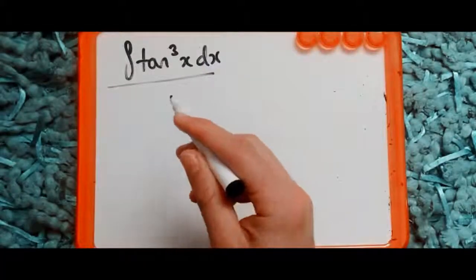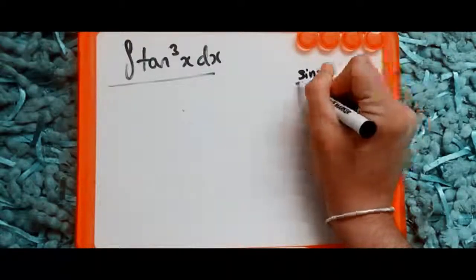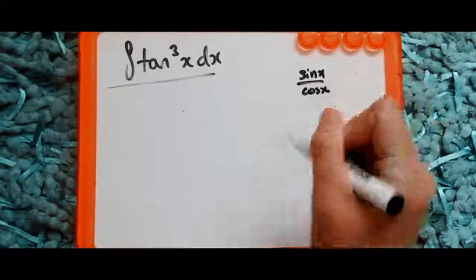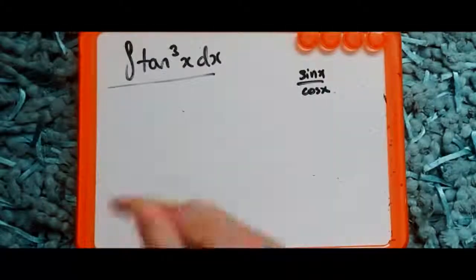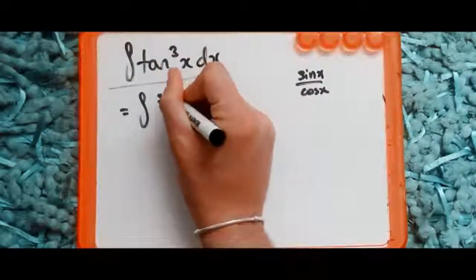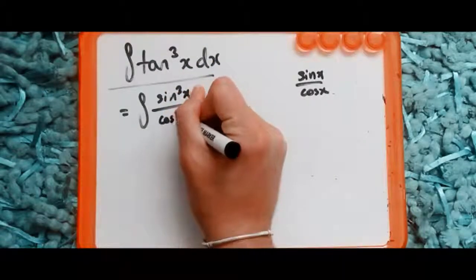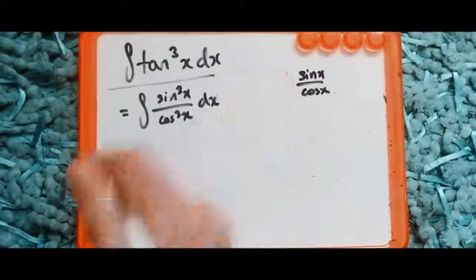Because we know it's tan, we should instantly consider that tan x always equals sine x over cos x. This is the definition of tan. Converting this should give us the integral of sine cubed x over cos cubed x dx.